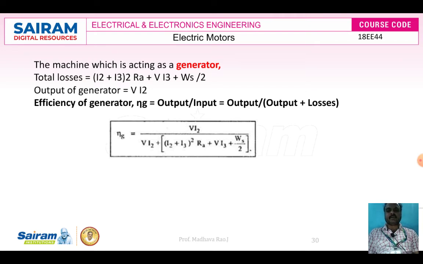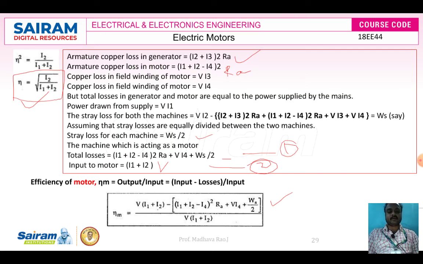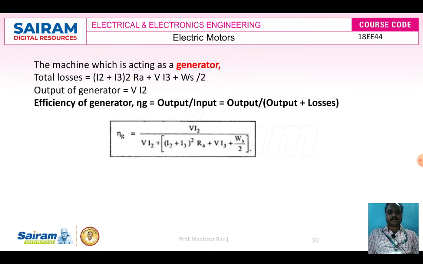If you take output by output plus losses, the efficiency of generator is V into I2 by V into I2 plus (I3) whole square into Ra plus V I3 plus WS by 2. So this is the efficiency of generator. This is about the Hopkinson test experimental way.